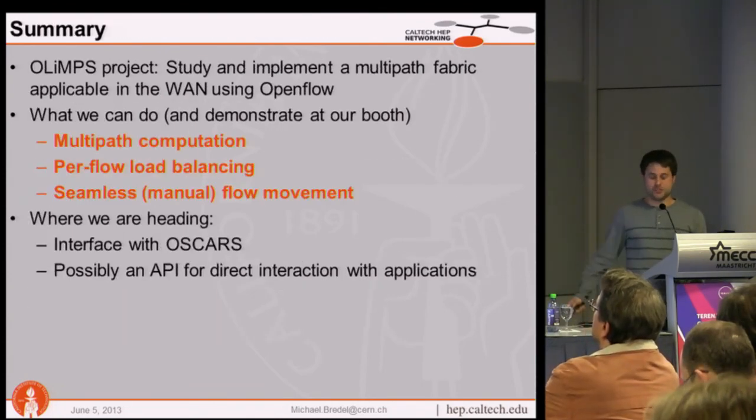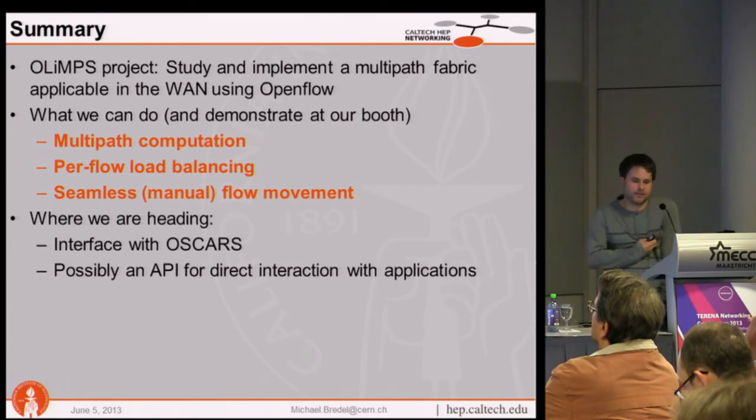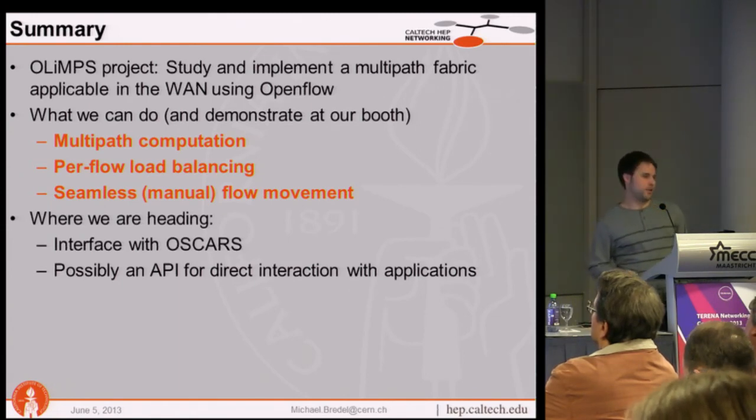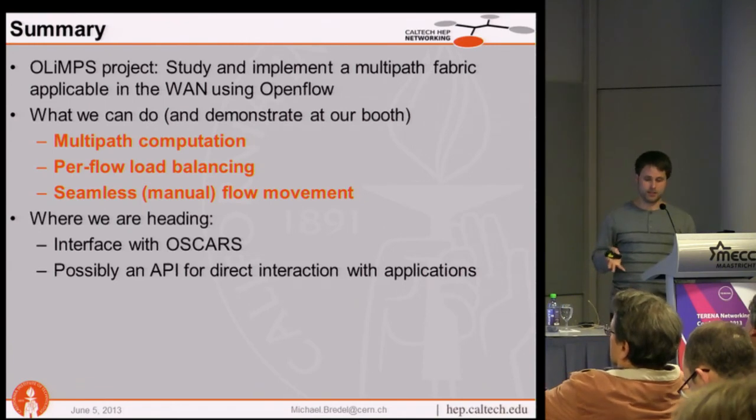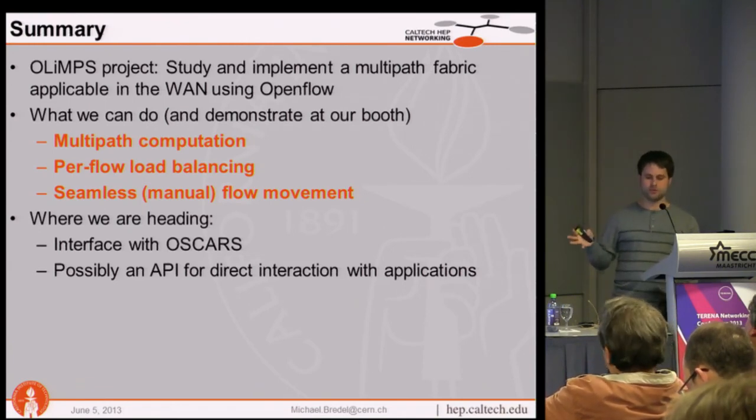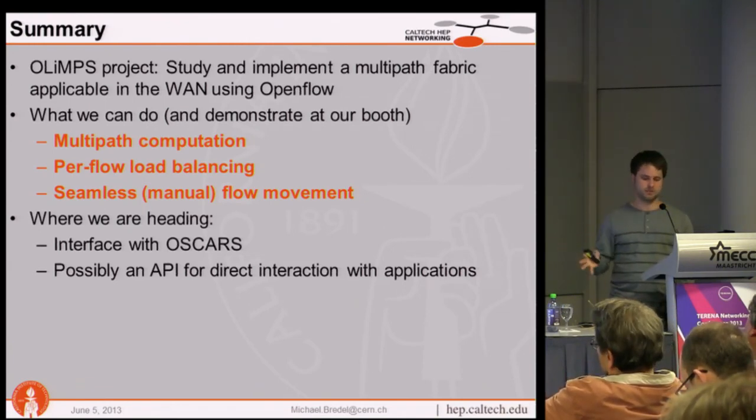Okay, just a short summary of what I've presented. The OLMS project is to study and implement multipathing in wide area networks based on OpenFlow. What we can do is multipath computation. We can use per flow load balancing already. We can also seamlessly move flows from one path to another.